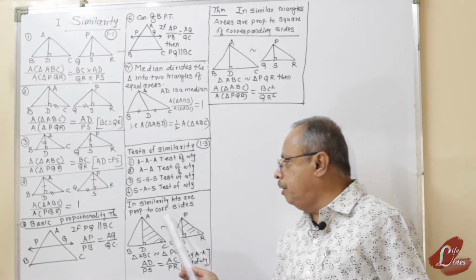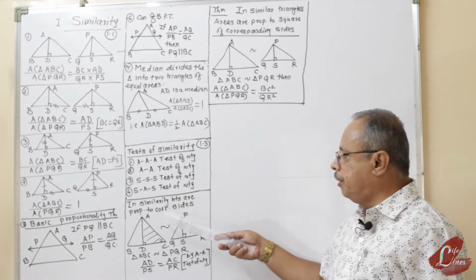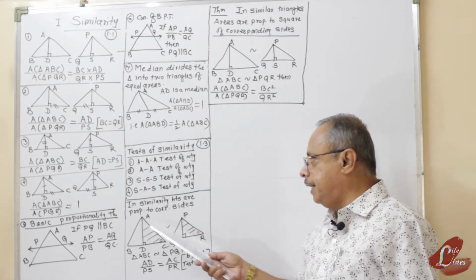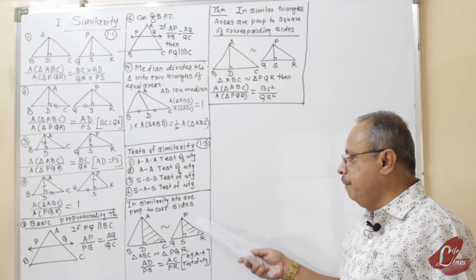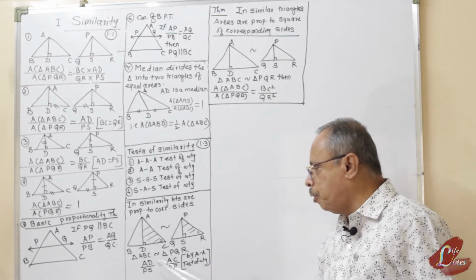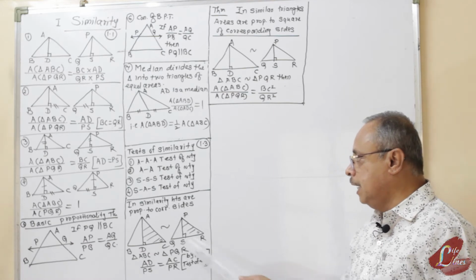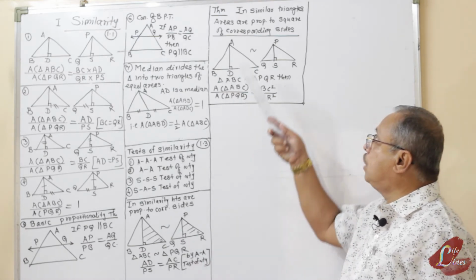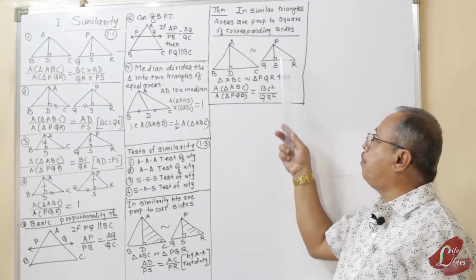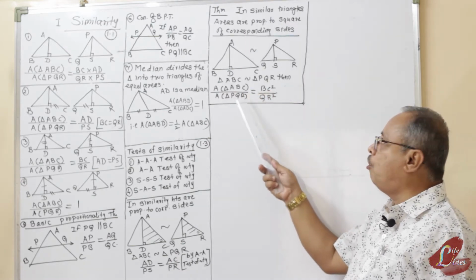Now, an important theorem in similarity: when triangles are similar, then heights are proportional to corresponding sides. This property is used in this theorem. In similar triangles, areas are proportional to the square of the corresponding sides.